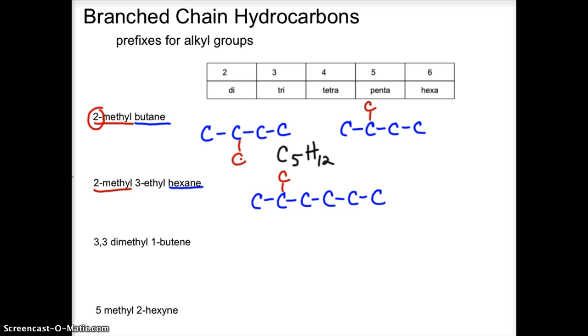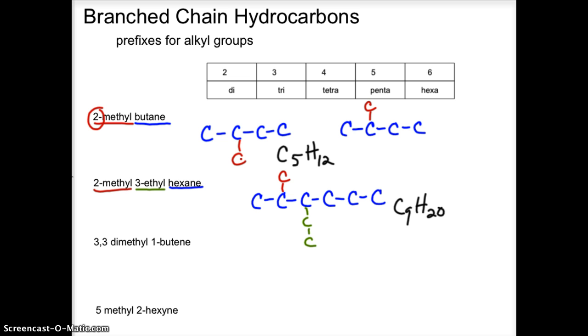And then the second alkyl group is 3-ethyl, and you would place an ethyl, meaning that there are 2 carbons branching off of that longest chain. And that would be 3-ethyl hexane. Its molecular formula, since it's an alkane, you still count up all of your carbons. You've got 6 in the longest chain, 7, 8, 9. So that would be C9H20, because it still follows that general formula for an alkane.